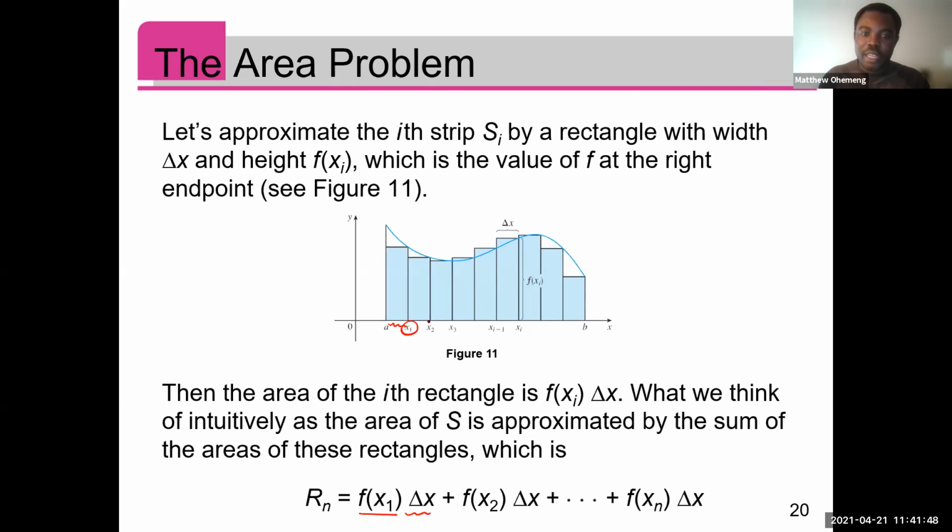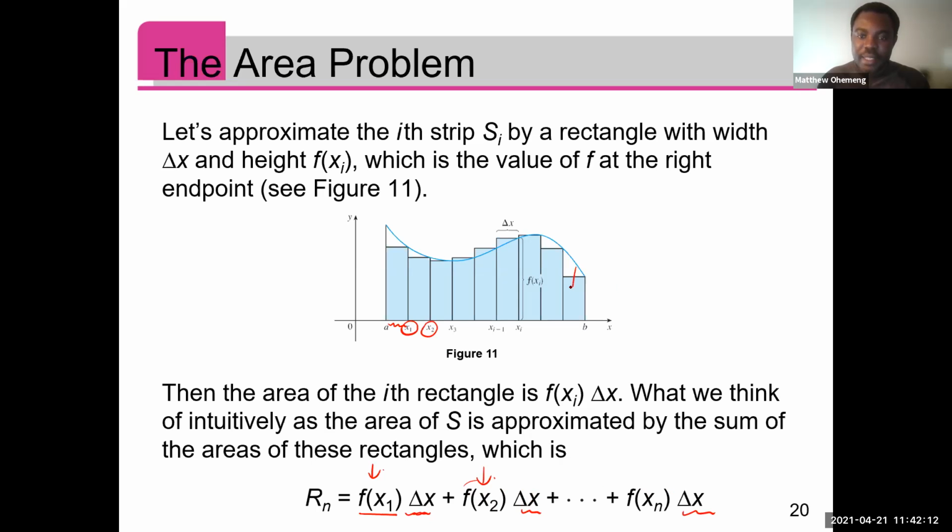Delta x is the width, and the width is always the same everywhere. So that one, you don't even think about it. It always comes up. For the first strip, you're going to use the right endpoint, x1. That will determine the height, so that's f of x sub 1. For the next interval, you're going to use x2, and that'll give us the height. The width is always delta x, and so on and so forth.